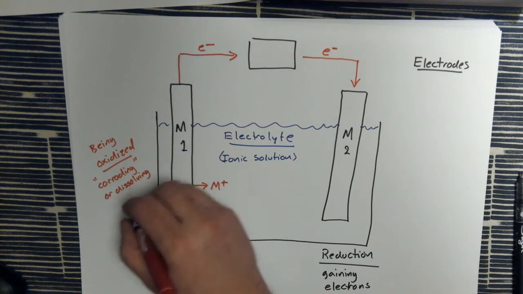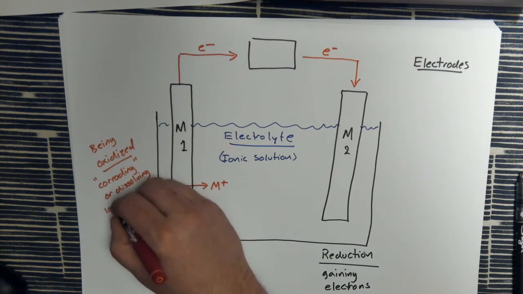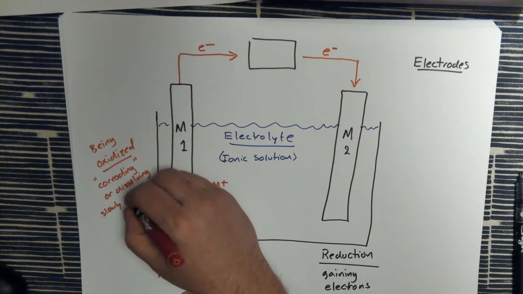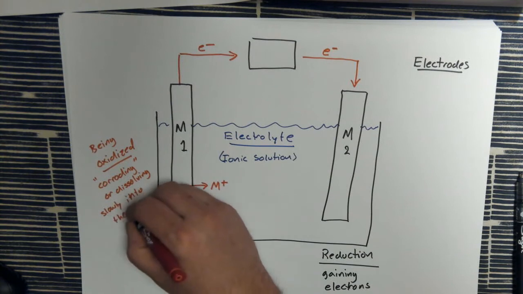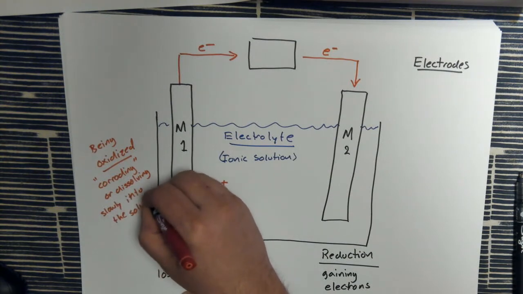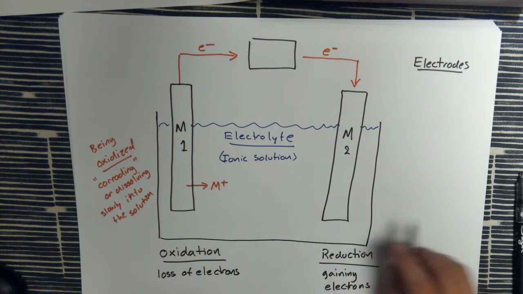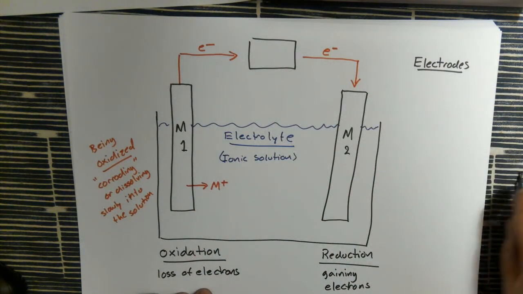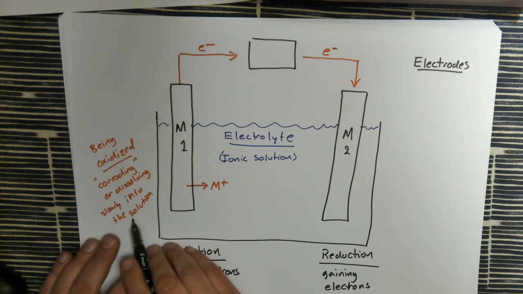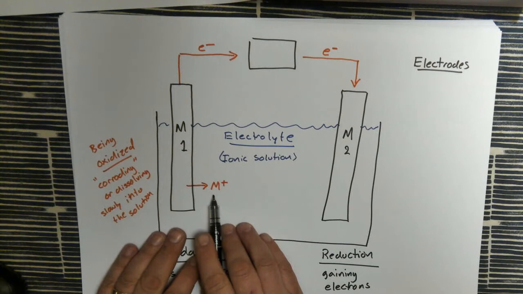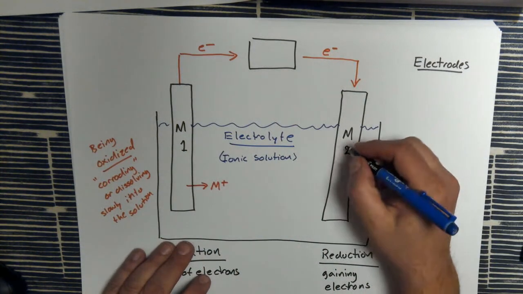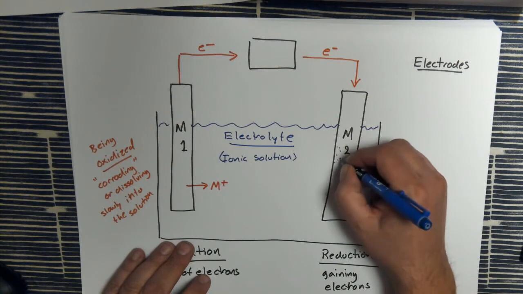And it's slowly dissolving into the solution. If the electrons are traveling through here, then, because this thing is being slowly corroded or broken down, the electrons travel over here and are deposited on the surface of this electrode.